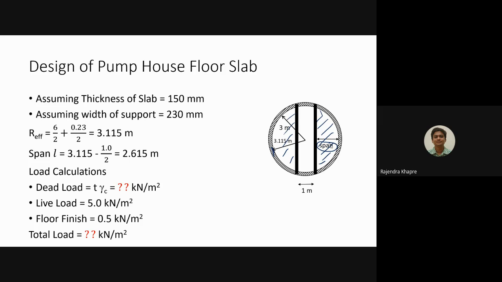The opening, we are assuming, is 1 meter. So the span of the slab comes out to be 2.615 meters. So this will be the effective span of the slab. It is already indicated in the figure.